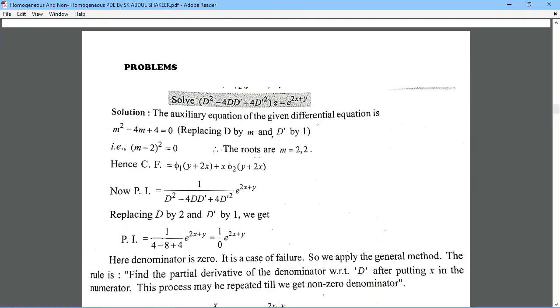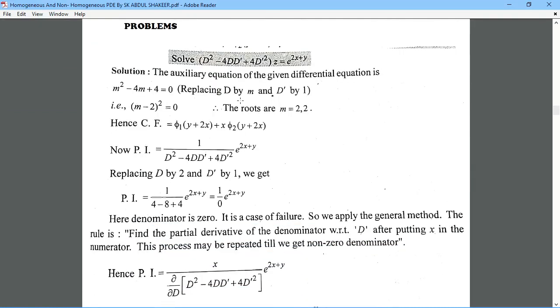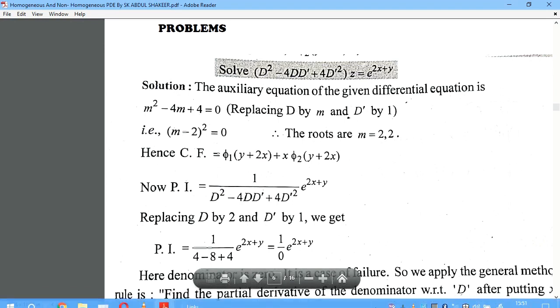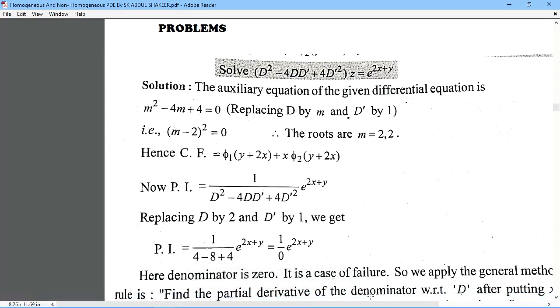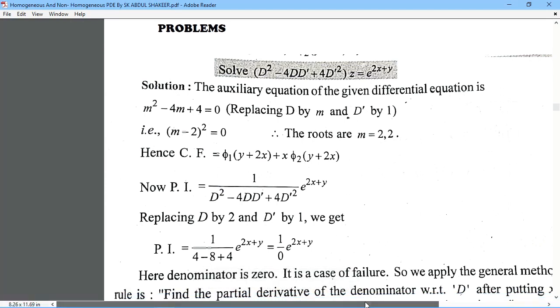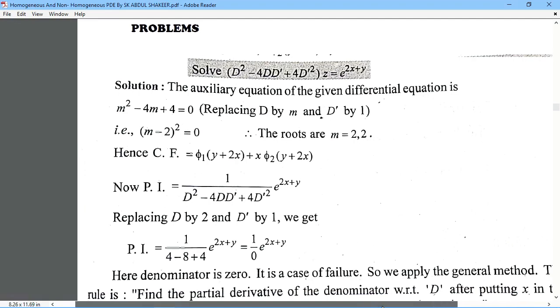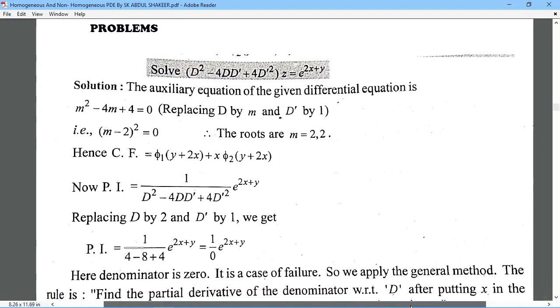The problem is: solve the differential equation D square minus 4 D D dash plus 4 D dash square of z is e power x plus 2y. In this problem, the auxiliary equation is obtained by replacing D equal to m and D dash equal to 1.